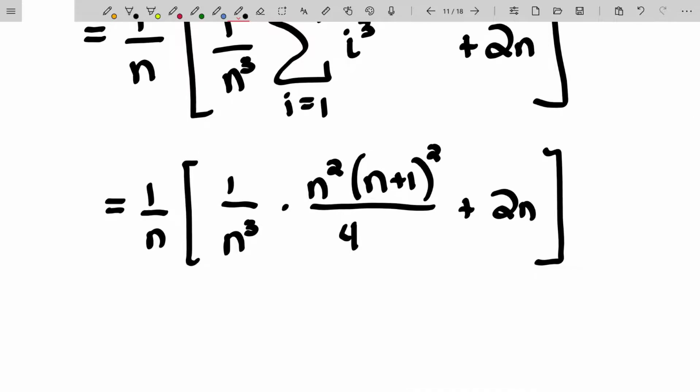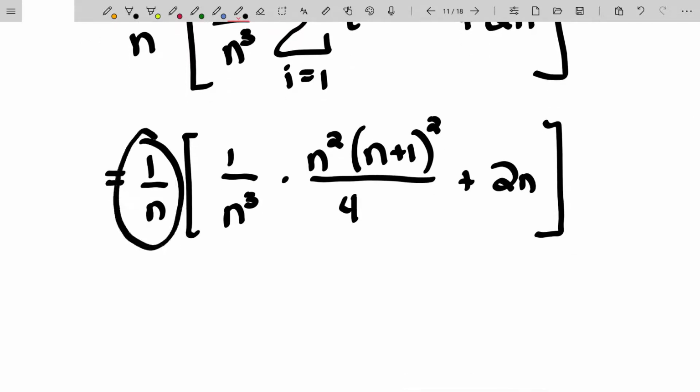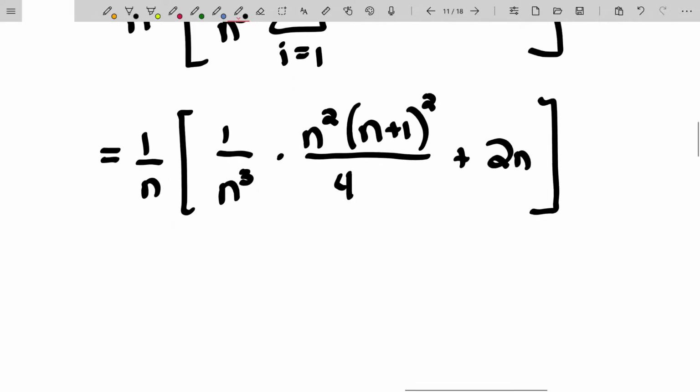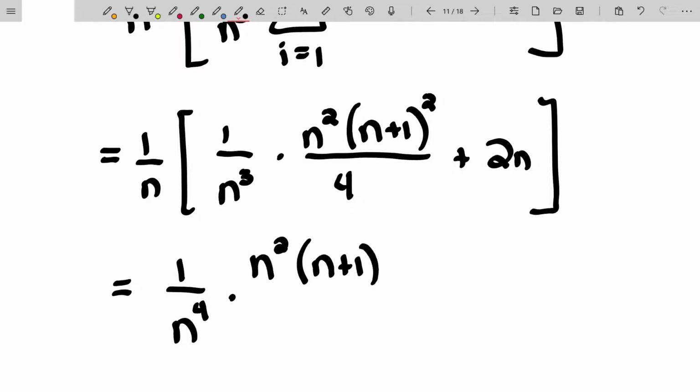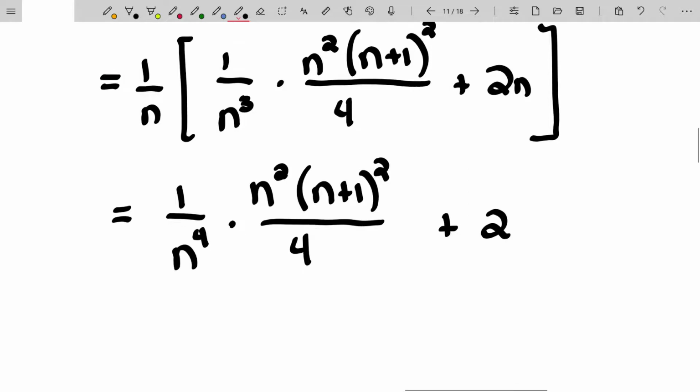This is just algebra now. And now I will distribute this 1 over n into those parentheses. So you get 1 over n to the 4th times n squared times n plus 1 squared over 4 plus 1 over n times 2n is 2.